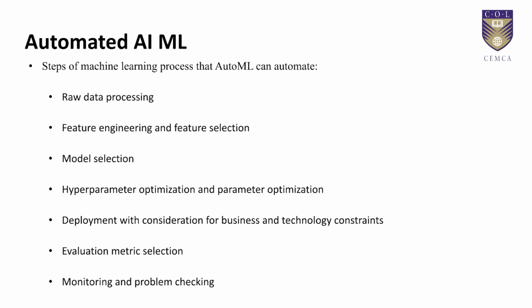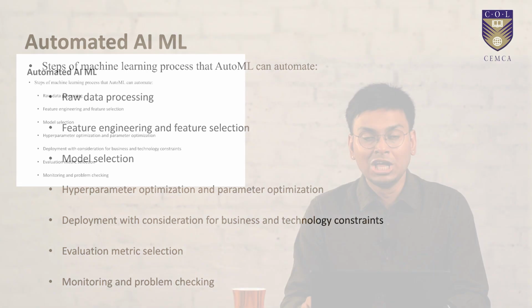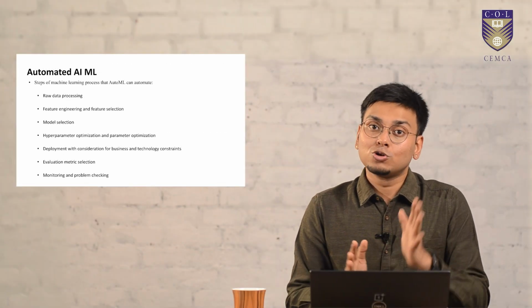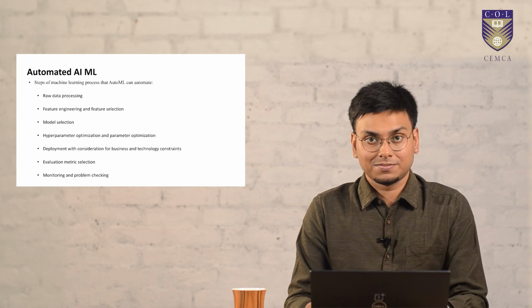So whenever the testing of this model is being done, automatically once again, all the business angles and the technological constraints are taken into consideration. Once that is done, we evaluate the model performance and check the model for a final QC to see if there are any problems that might occur when that model is deployed in real life. So the whole journey of AI/ML has been automated through this AutoML process.